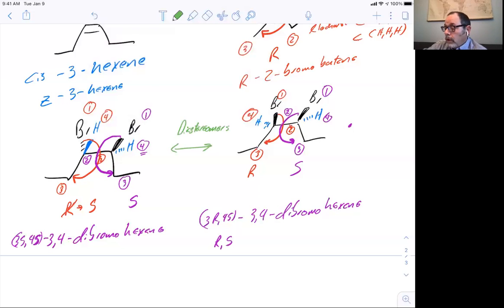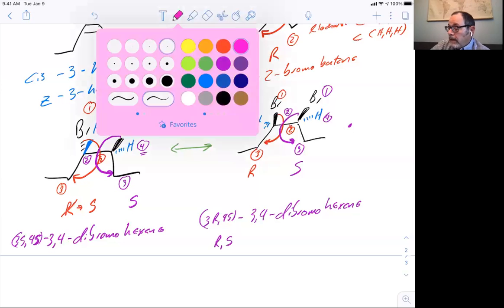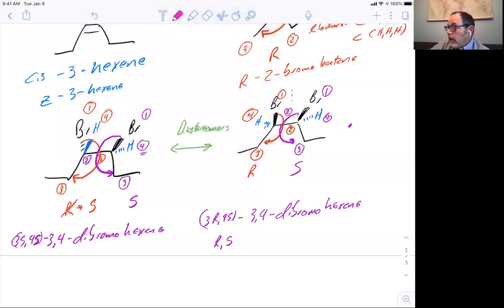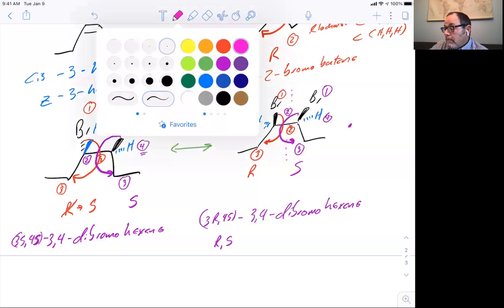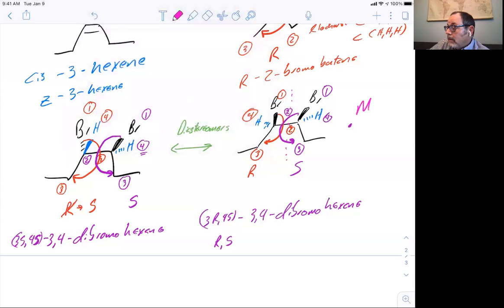But if we look specifically at this molecule here, what do I have right through the middle? Well, I've got a mirror plane. Since I can bisect that molecule with a mirror plane, but still have 2 chiral centers, that means that this is a meso compound.